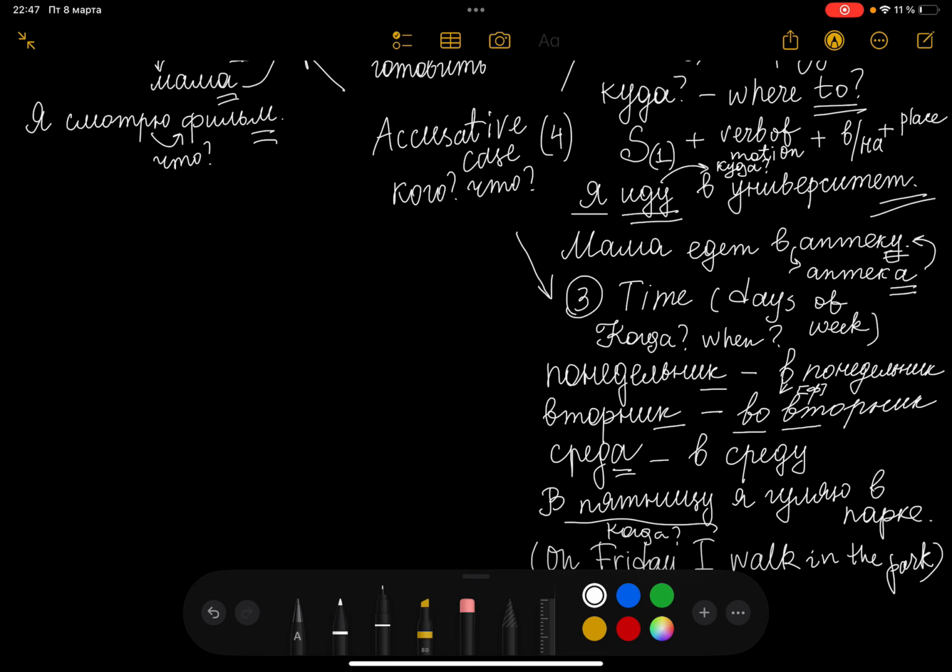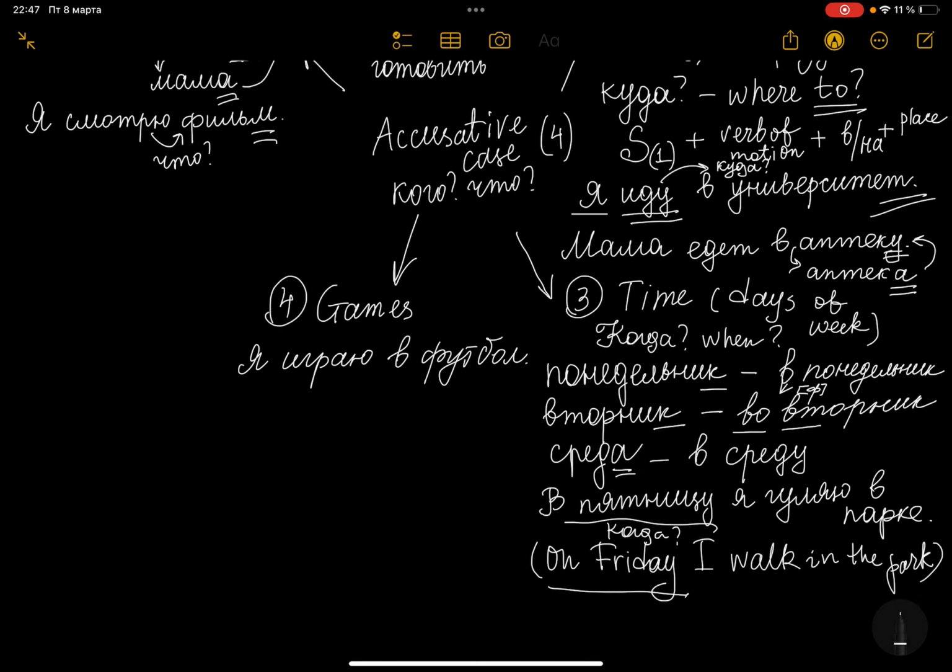Next, also very small but important thing is games. We use accusative case with games. In construction, я играю in what game? Да, в какую игру? В футбол. Да, я играю в какую игру?